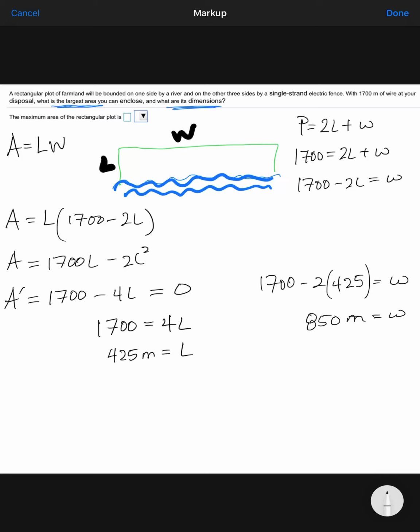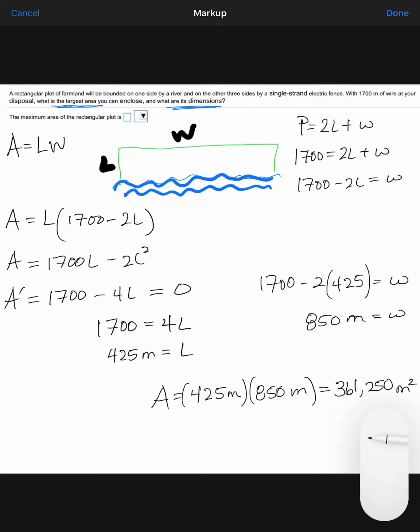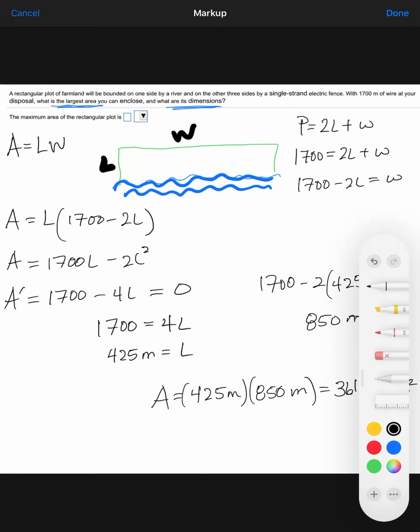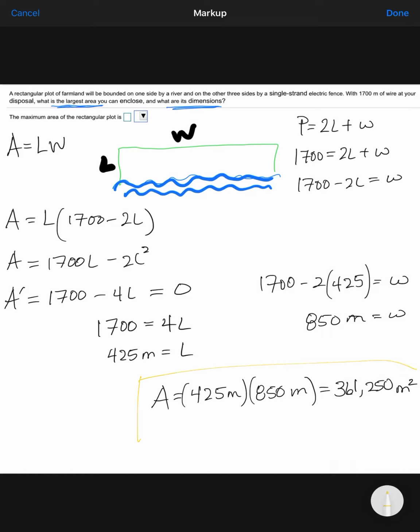And the maximum area, you take those and plug them into your area formula. 425 meters times 850 meters gives you 361,250 square meters. You got everything right there. Like I tell you, it's all about that background info. All your answers right there.